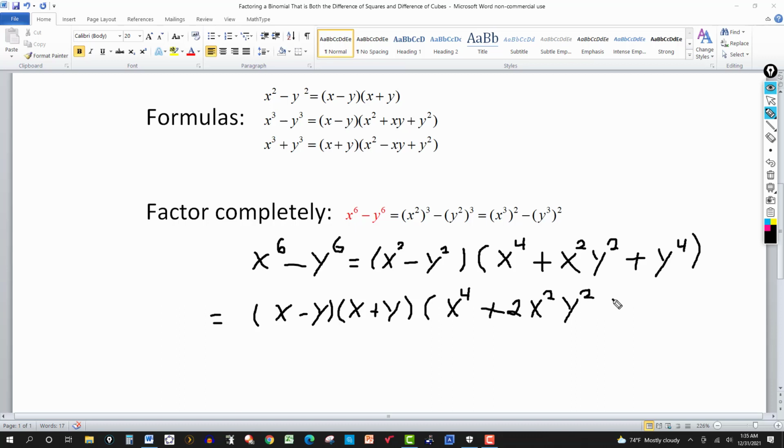And then this will be plus y to the fourth. And obviously I just can't change the number there, because then I've changed the problem. But that would be legal if I subtract, or I'll just make it minus x squared y squared.